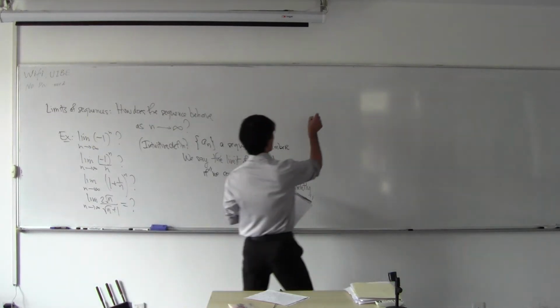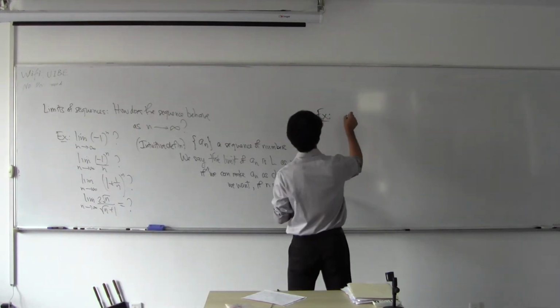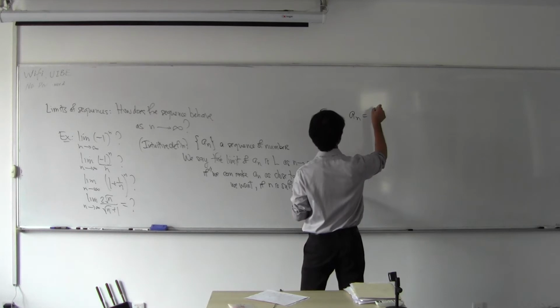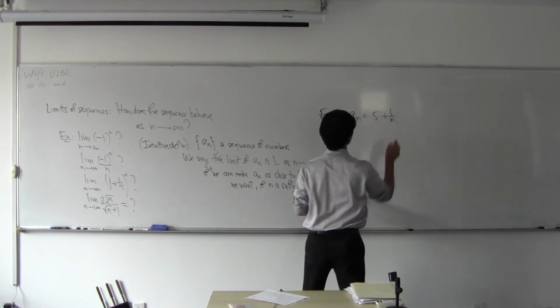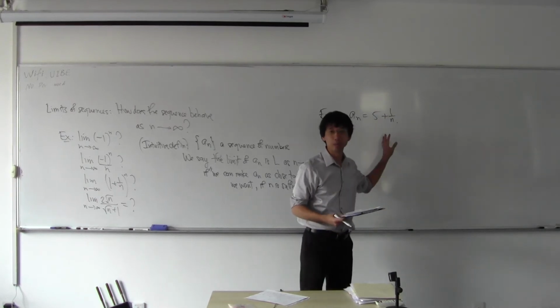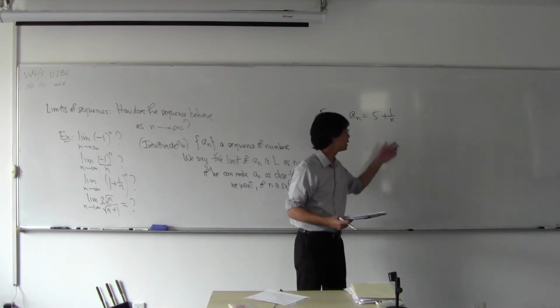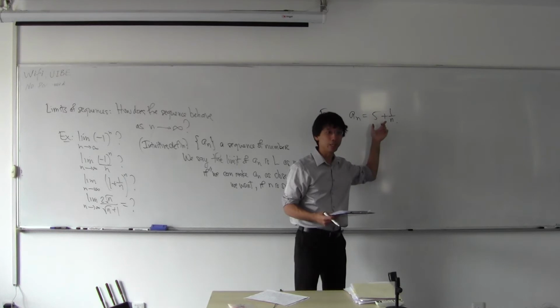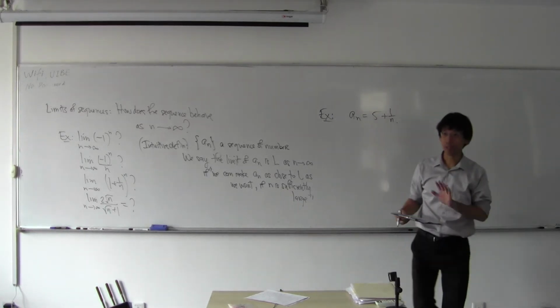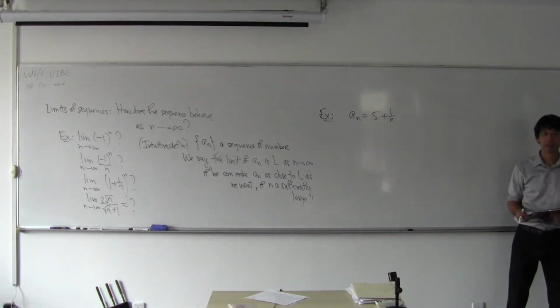Let me try to make this a bit more concrete. Here's a sequence: 5 plus 1 over n. What's the limit going to be as n goes to infinity?